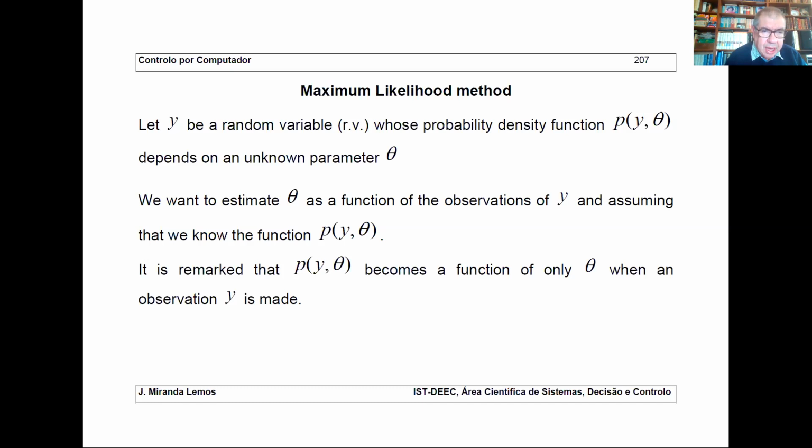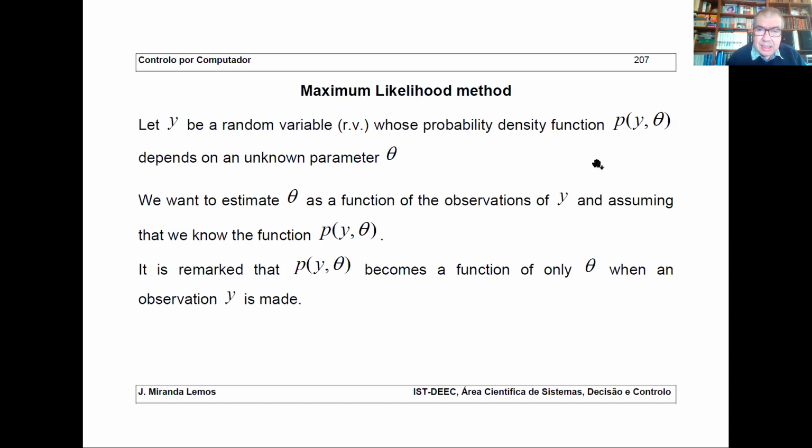that can be applied in many areas, as you certainly know from other courses. So suppose that you have a random variable y that you observe, and there is an unknown parameter theta that you want to estimate, and is somehow related to y.